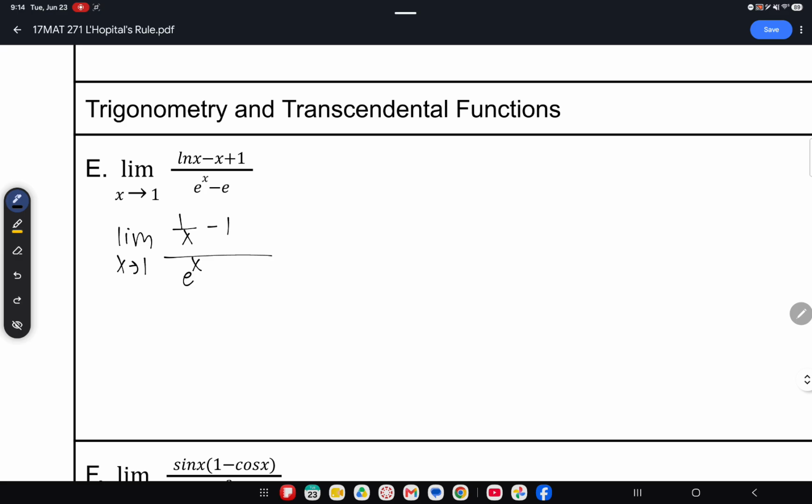But then if I plug in 1, I'm going to get 0, right? Because if I plug in 1 and 1, I will get 0 over e, which is a number. It's just 0, and that's okay.